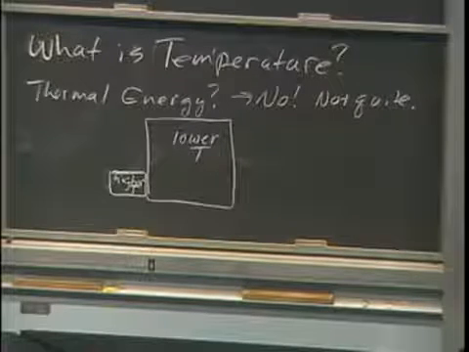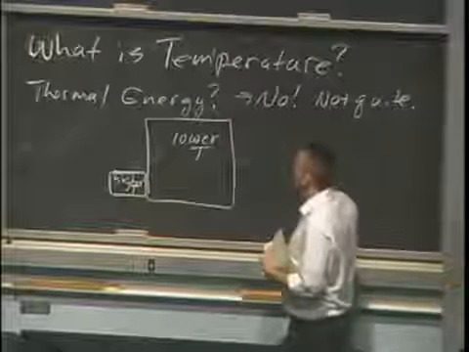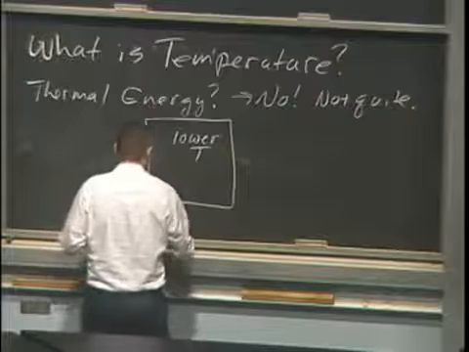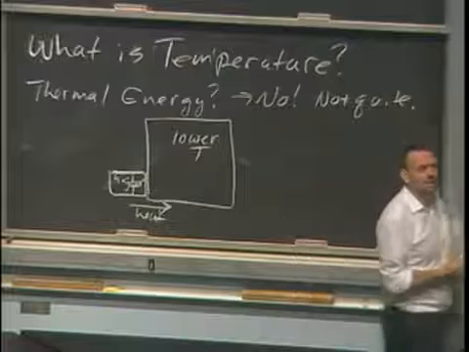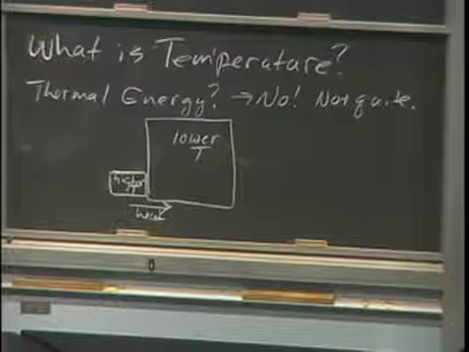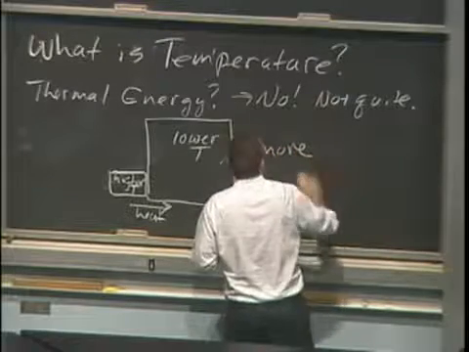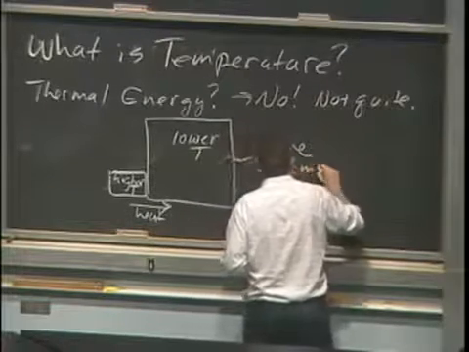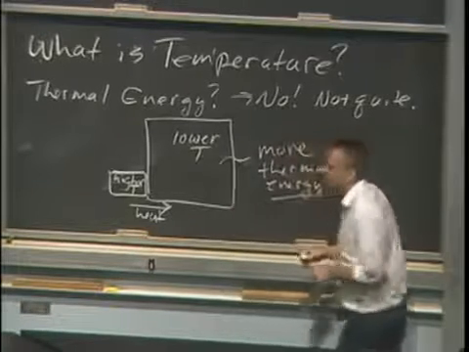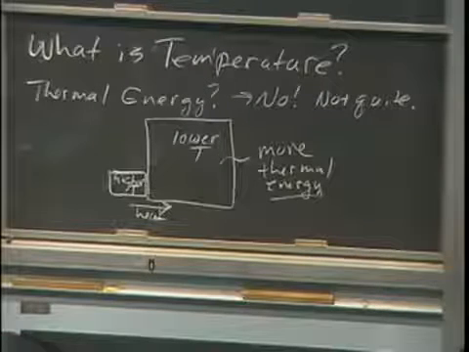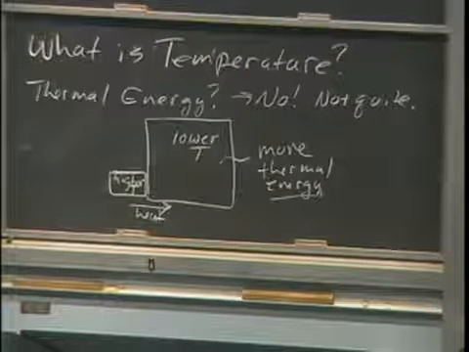It has a lot more energy in it because it has a lot more molecules inside. So in this system we would still get heat flow from the smaller object to the larger object, even though the larger one has more thermal energy. So the total thermal energy of the system isn't exactly what we mean when we're talking about temperature.